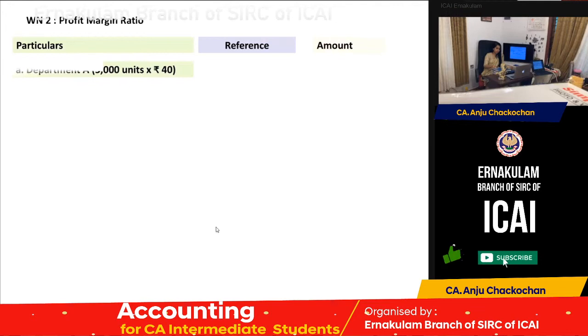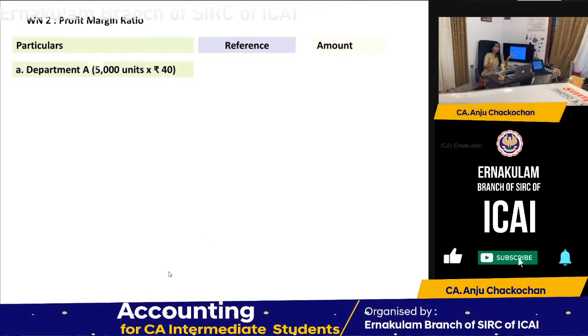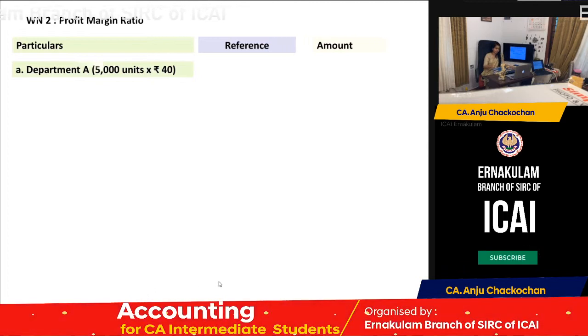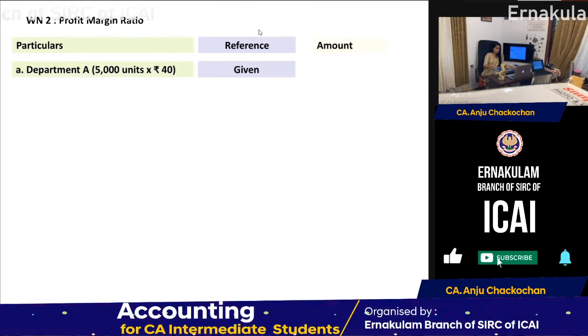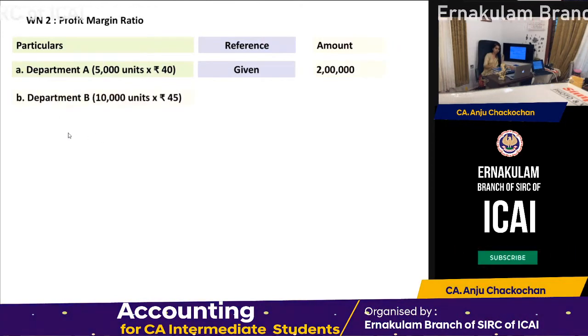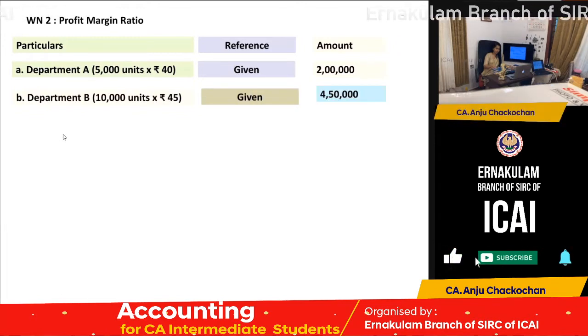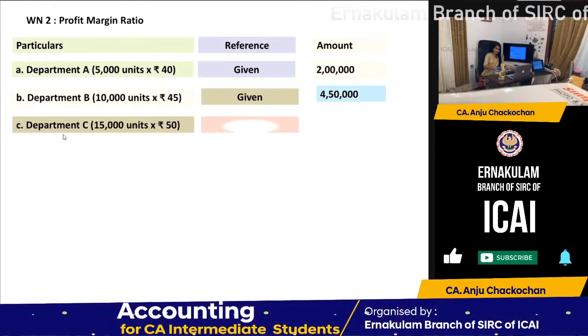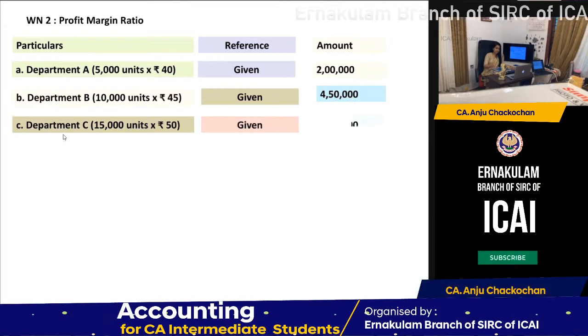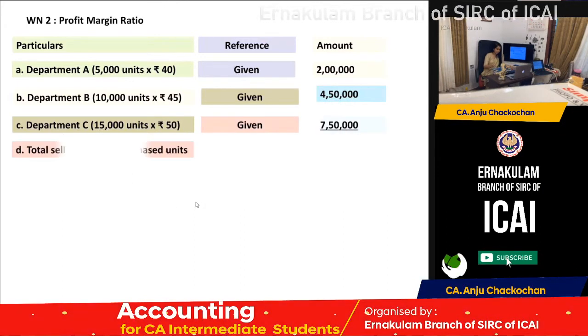For department A, 5,000 units is what they have purchased, and let's say the cost is 40 per unit. Both figures are given in the question, so we have 2 lakh. For department B, it is 4,50,000, all given in the question. Same for department C, it is 7,50,000.